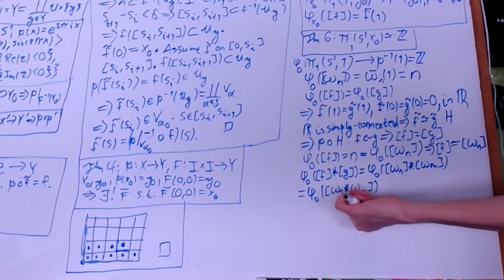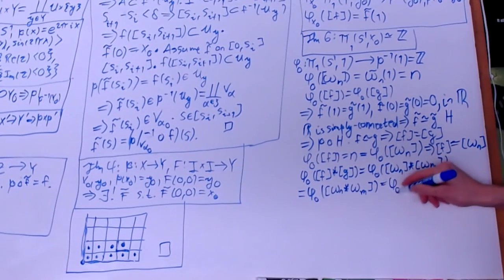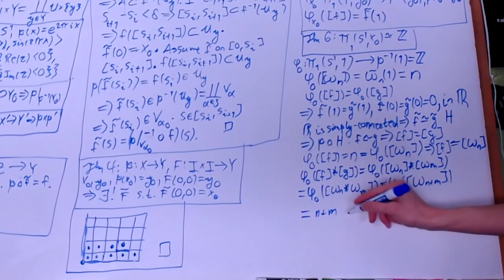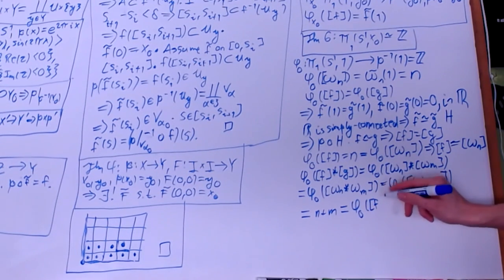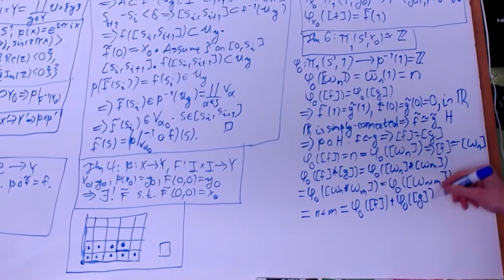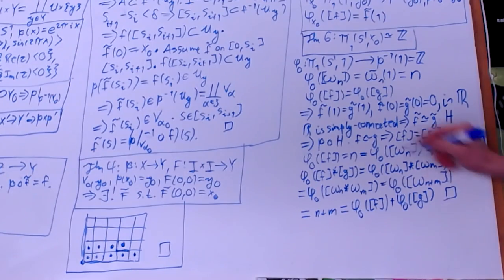Now, omega n star omega m, so this means that you would go around n times first, and then you would go around another m times. Well, that's the same as just going around n plus m times. So that is going to be equal to phi 0 of omega n plus m. That is equal to n plus m, which is just equal to phi 0 of the equivalence class on F plus phi 0 of the equivalence class on G. And thus we have a homomorphism that is bijective, and thus it is an isomorphism.